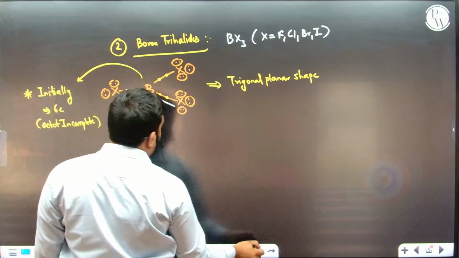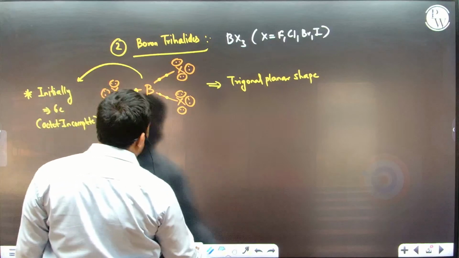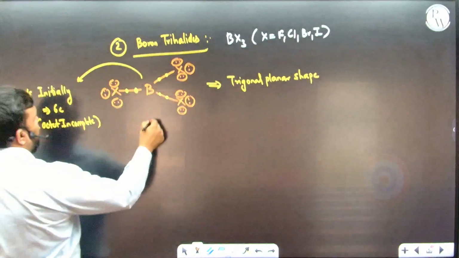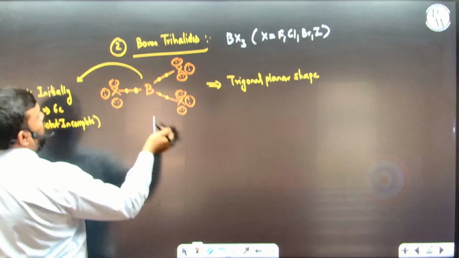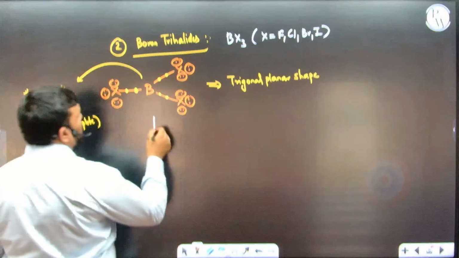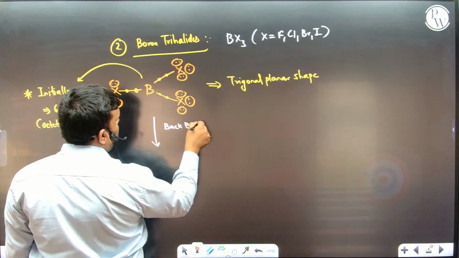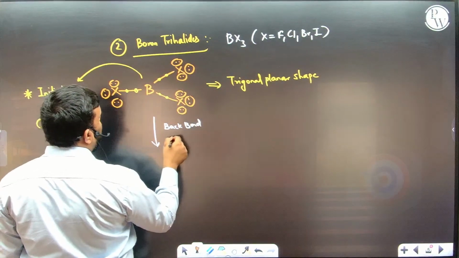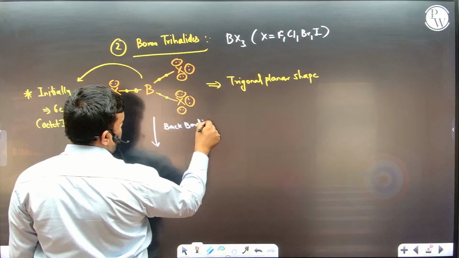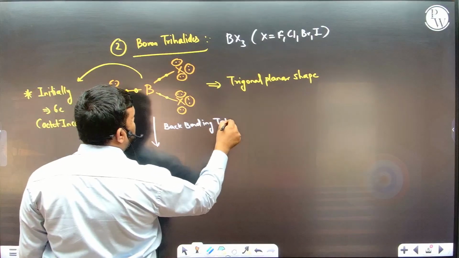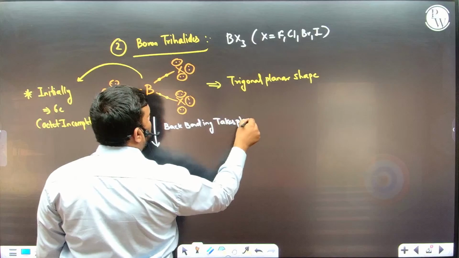There can be a coordinate bond formation between 2 already bonded atoms, and this coordinate bond between 2 already bonded atoms we call a back bond, and the phenomenon is called back bonding.